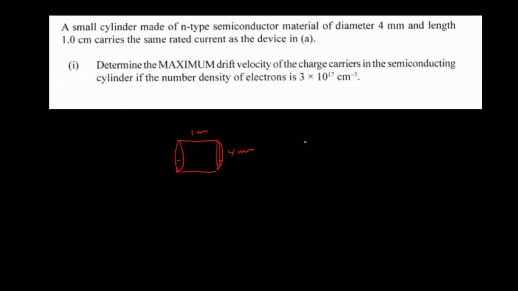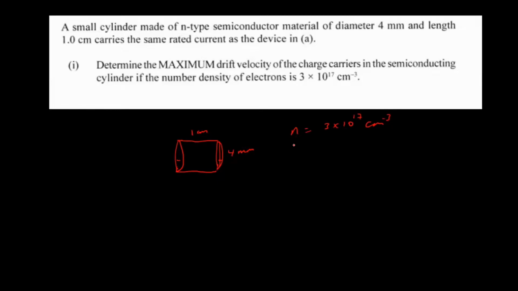So let's see if we can talk about the equation that they want us to use. We could even go ahead and write out the different variables from the question. So n is what we call the charge density, which just speaks to the amount of charge that is present in that volume of object. In this case, we're saying that there's 3 times 10 to the 17 per centimeter cube of charge within the cylinder.